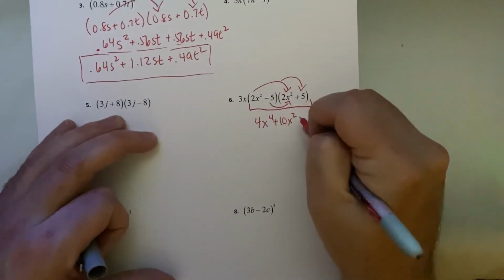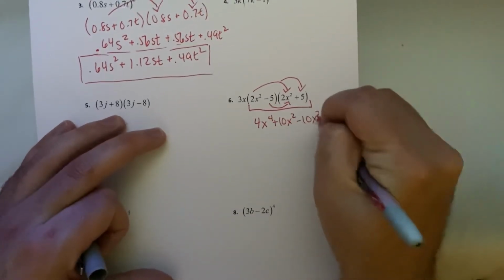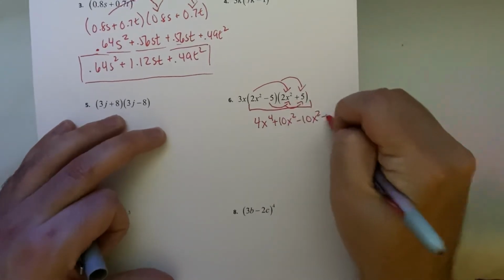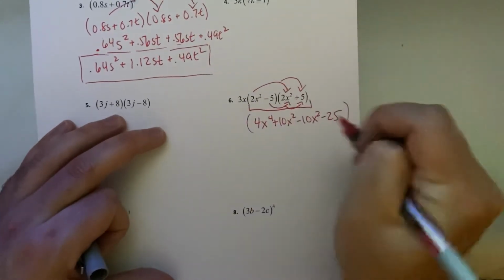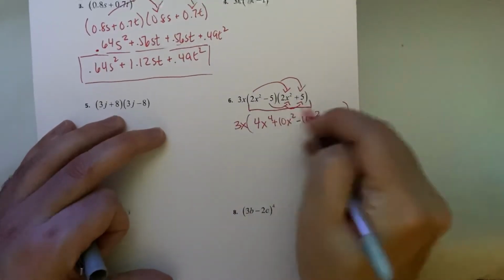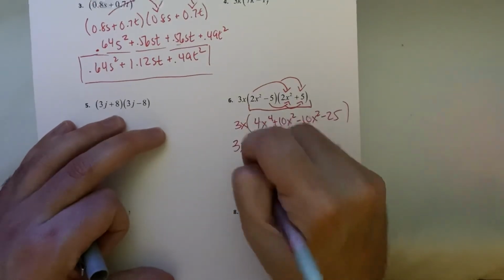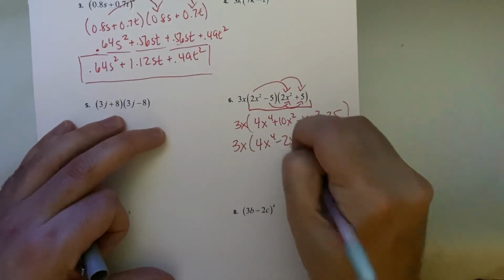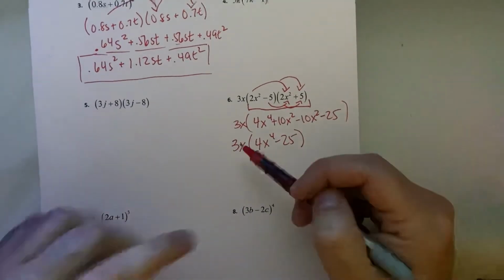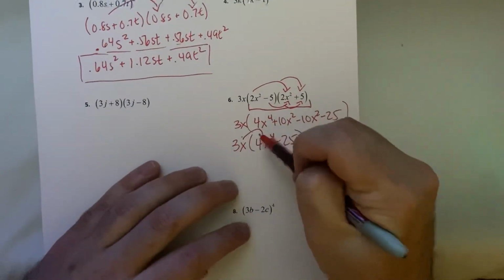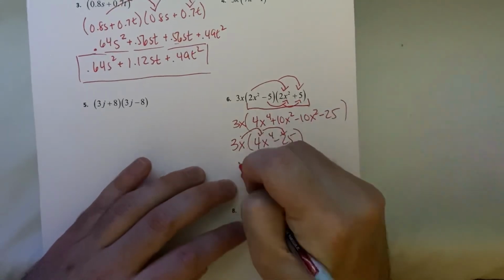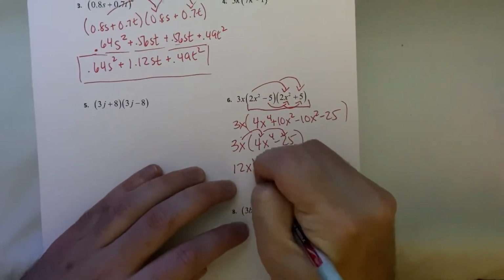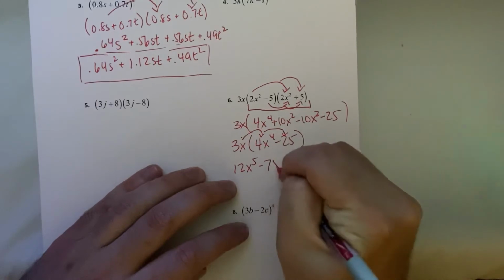Negative 5 times 2x squared is negative 10x squared. Negative 5 times 5 is negative 25. And there's still a 3x in front. Now we know our middle terms cancel. So all that's left is 4x to the 4th minus 25. And here, this 3x isn't a binomial, so the only thing we have to do is distribute it in to both terms. So that makes 12x to the 5th minus 75x.